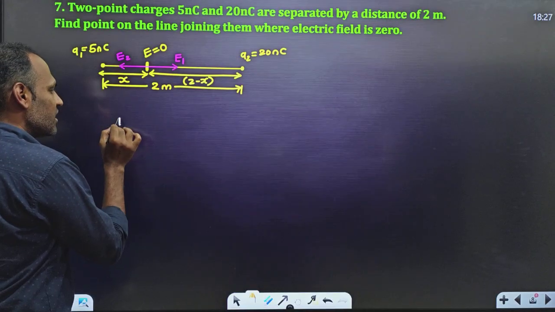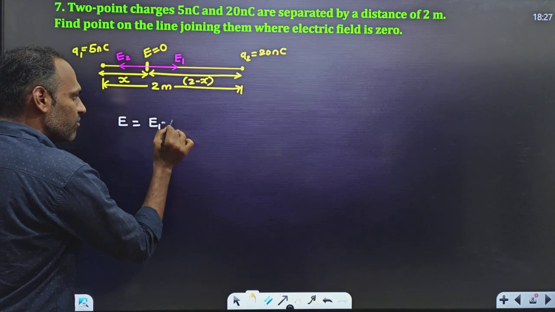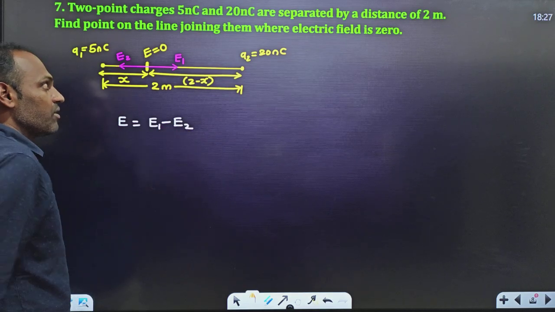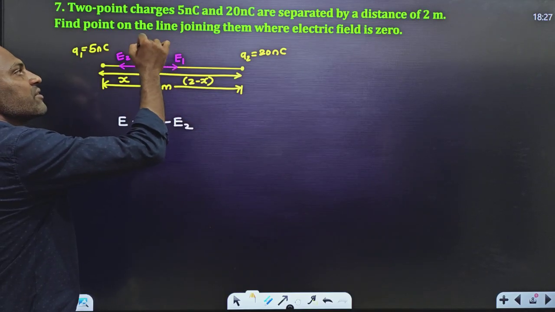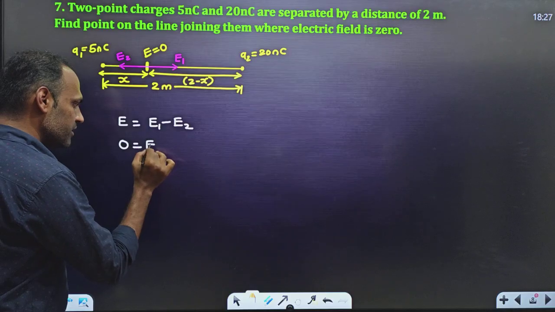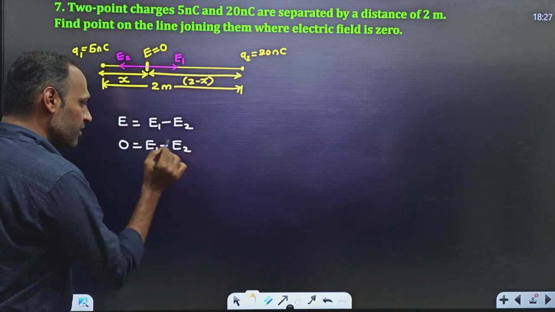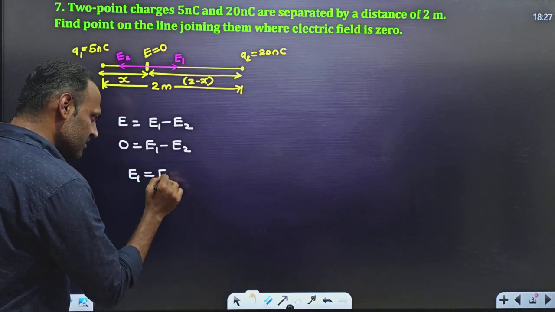Since both are in opposite directions, the resultant E is E1 minus E2. How much resultant electric field do we want? We want it as 0 only. So 0 is equal to E1 minus E2, so I will get E1 is equal to E2.